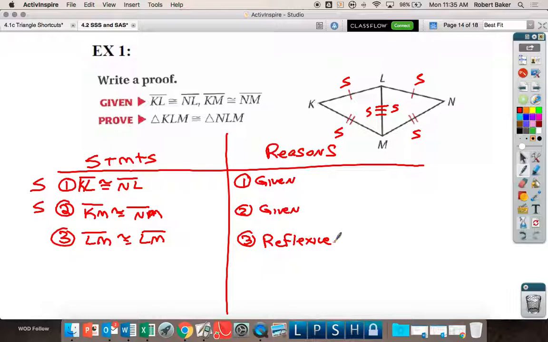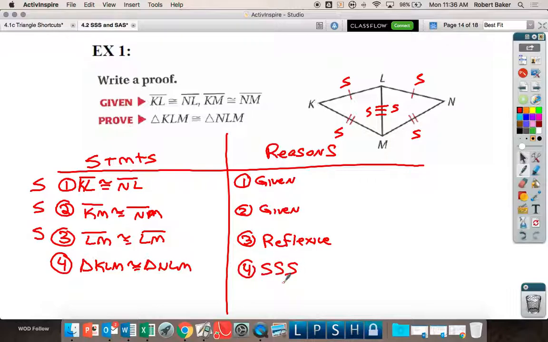And that is also a side statement. So what shortcut have we generated? So what is our last statement? Triangle KLM is congruent to triangle NLM. Why are those two triangles congruent? Because of the side shortcut.